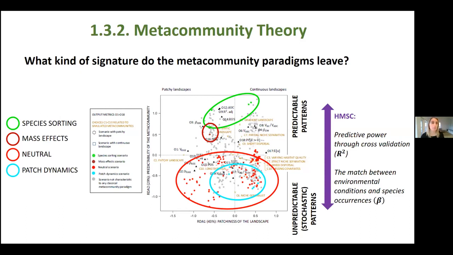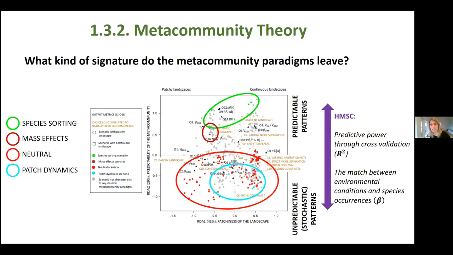So the key message here is that if we want to look at these metacommunity scenarios from our data, then it's a good idea to look at the predictive power as a statistical output.